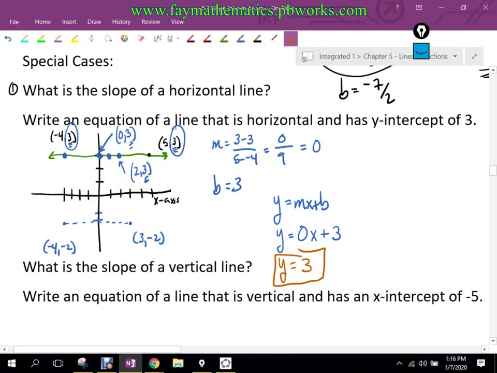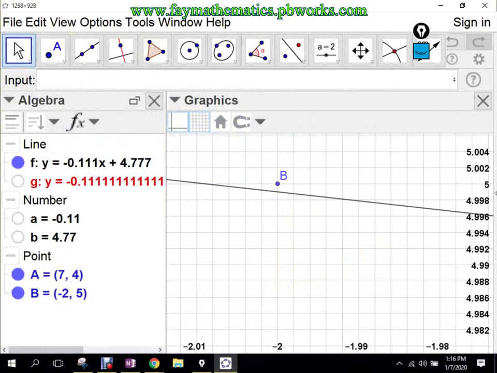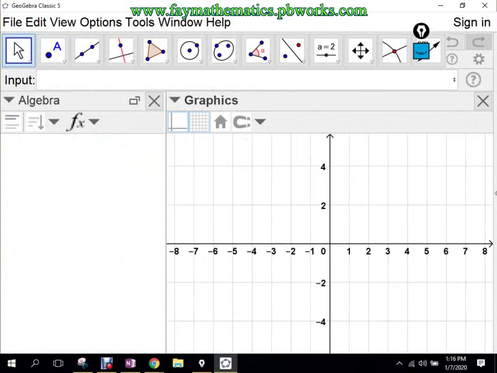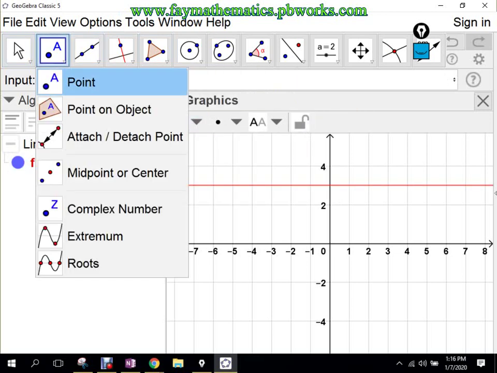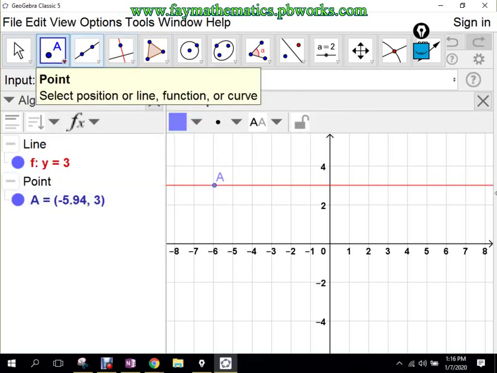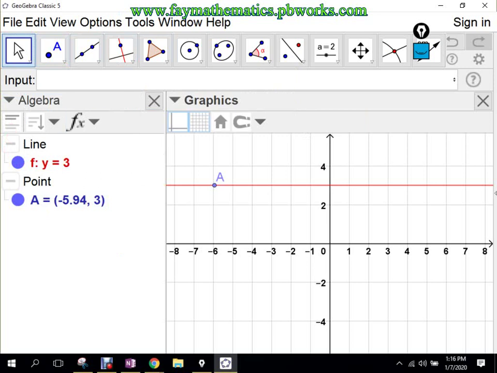What I need you guys to understand, this says y is 3, right? That's what equals means. It means the word is, correct? Whenever I look at a line like y equals 3, and I look at any point that is on that line, do you guys agree that A is on that line?